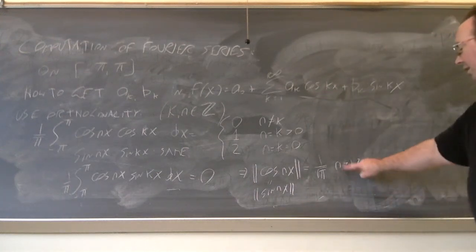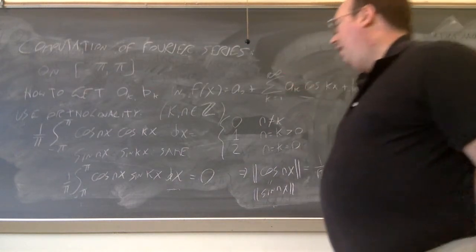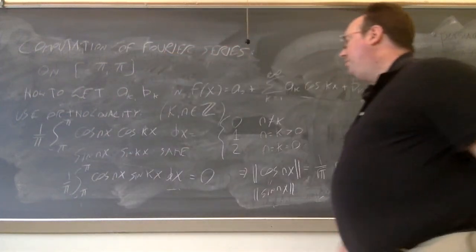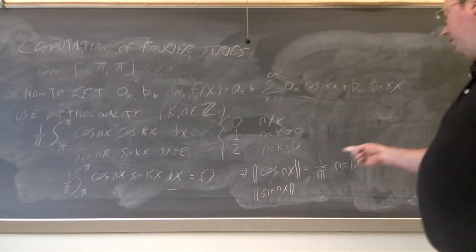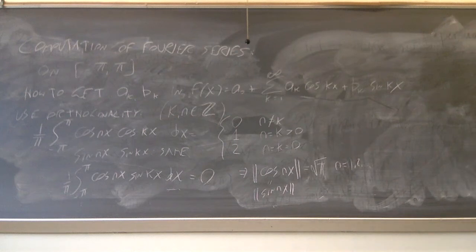They're both equal to the square root of pi when n is a positive integer or negative integer. I just haven't covered the case where n is equal to 0. And that just comes from this. If I take the inner product of cosine nx with itself, by rearranging this equation, I'm going to get pi. So I'm going to take the square root of it. Oh. Duh. Square root of pi. I'm going to have 1 over square root of pi when I divide by the norm to normalize it.